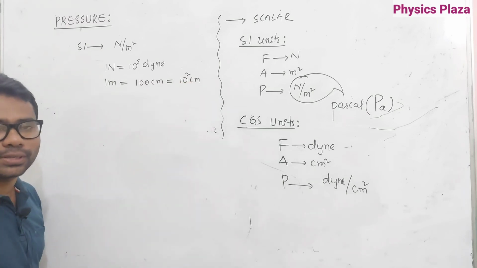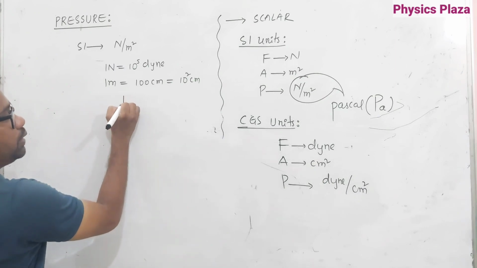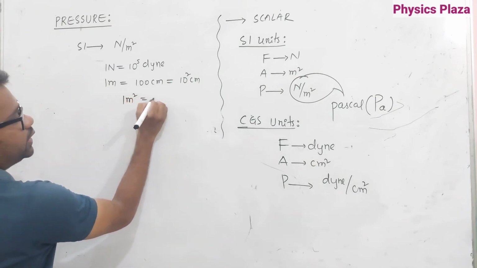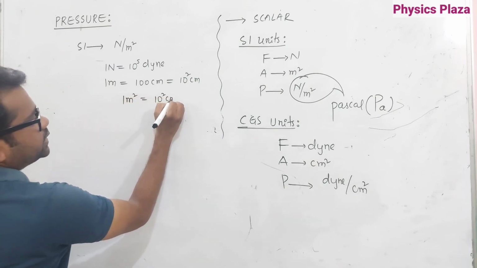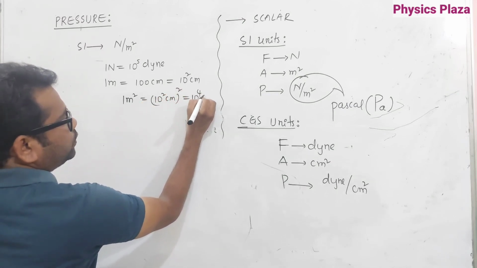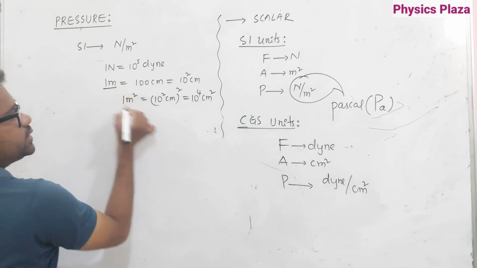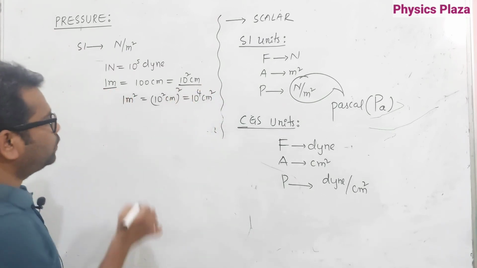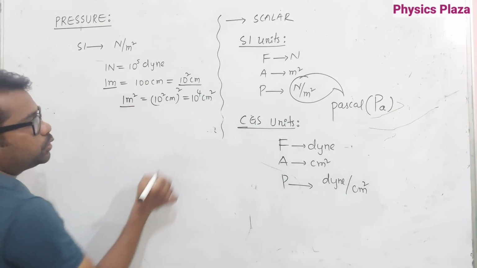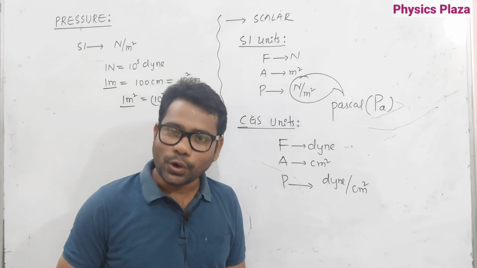Yes, of course. As 1 meter is equal to 10 square centimeter, 1 meter square is equal to 10 square centimeter whole square, which is 10 power 4 centimeter square. So it's very important: 1 meter is equal to 10 square centimeter, whereas 1 meter square is equal to 10 power 4 centimeter square. Got it?